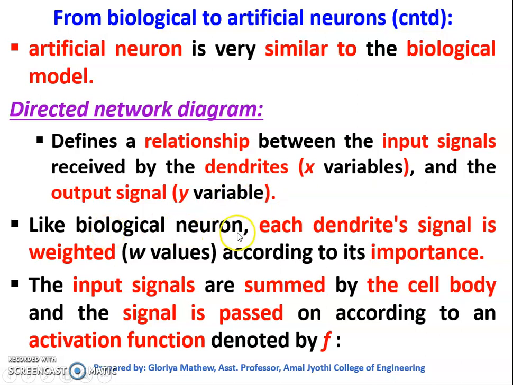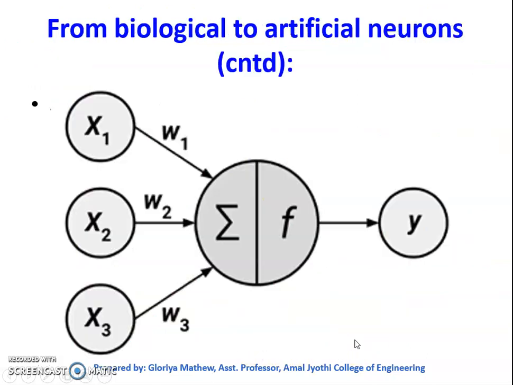Like a biological neuron, each dendrite signal is weighted, represented as W, according to its importance. The input signals are summed by the cell body and the signal is passed on according to an activation function, which is denoted by F. This is represented in this figure.